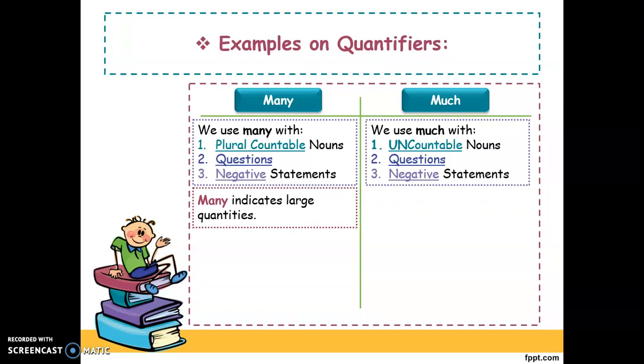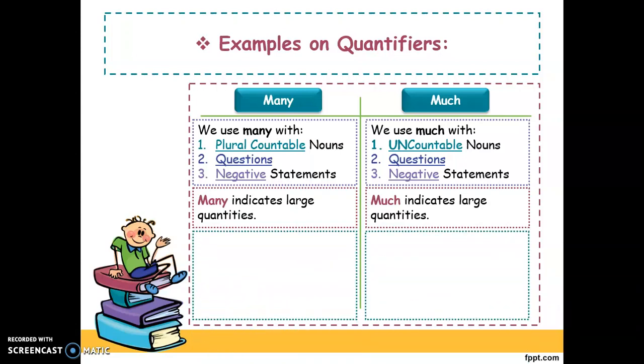We use many when we're talking about a large quantity, a lot of things, something that is big. But here, much indicates large quantities as well. So they have this in common as well. So many and much have several things in common. We use both to form questions and in negative statements, and both indicate large quantities.